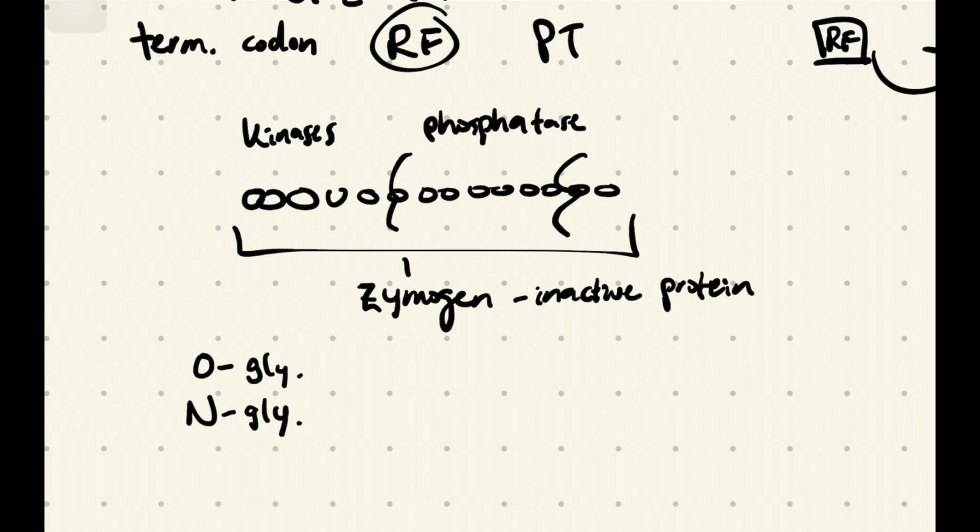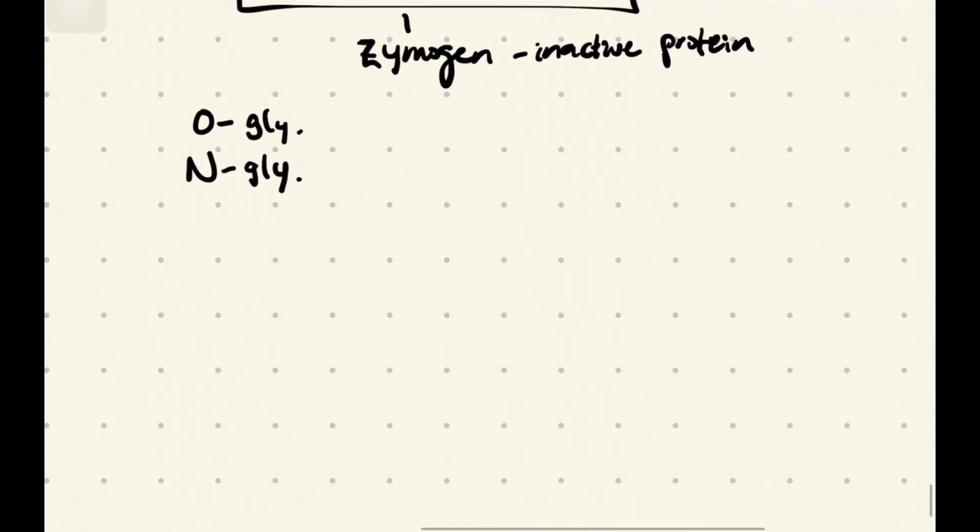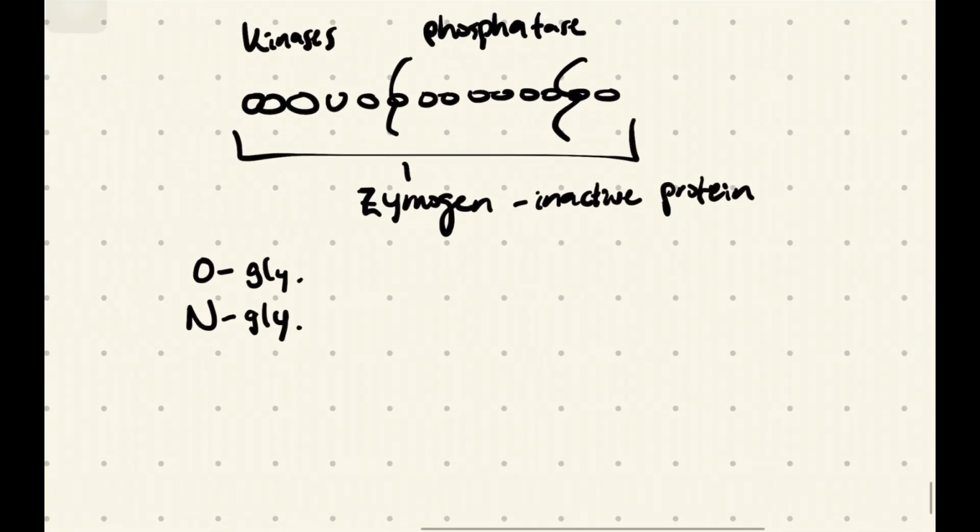N-linked is essentially where you have a carbohydrate or sugar attached to the nitrogen side of an asparagine amide, and this is going to happen in the endoplasmic reticulum. So that's just something to keep in mind. I don't think it's that important at this stage in your education, but it'll be neat to know about O and N-linked glycosylation. And just remember that glycosylation is just adding a sugar or a carbohydrate.